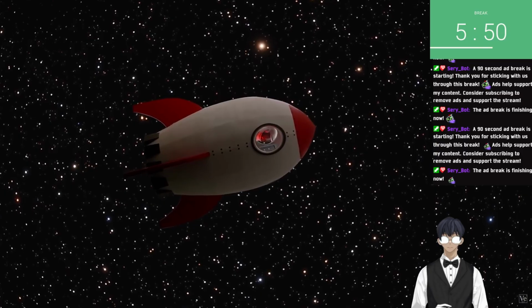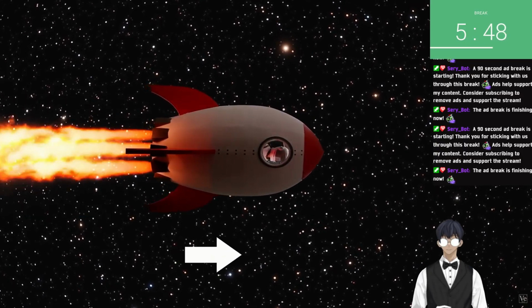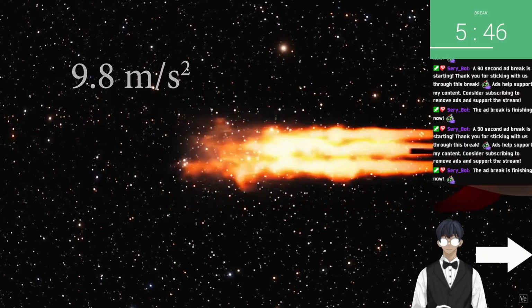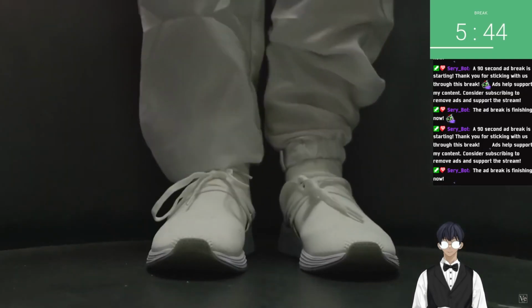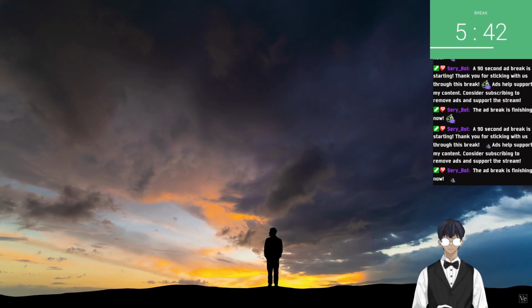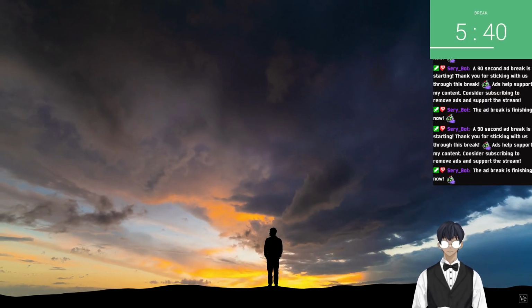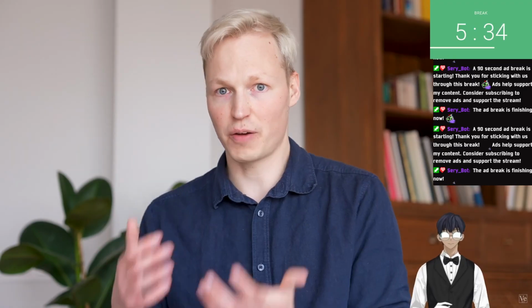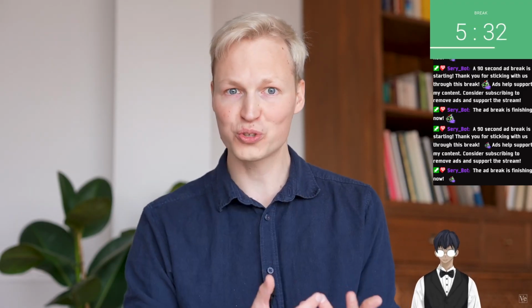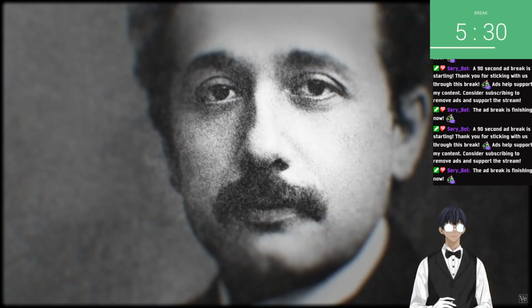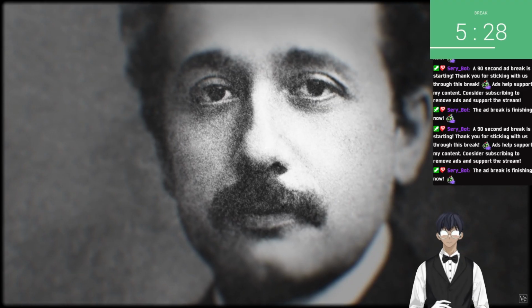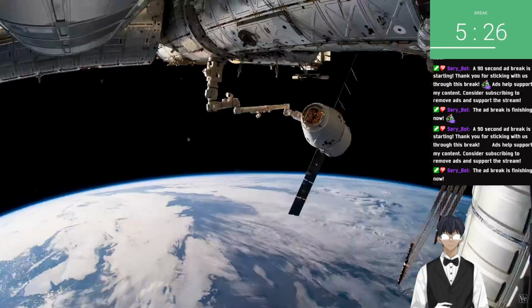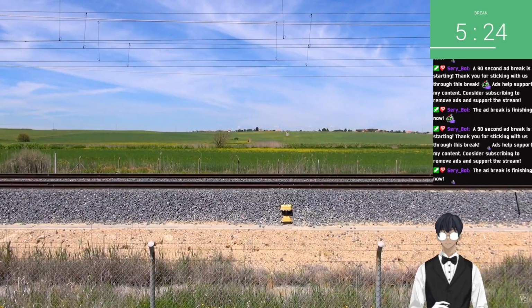If you were stuck in a rocket in outer space, accelerating at 9.8 meters per second squared, then it would be the exact same as if you were standing on the surface of Earth. And this was huge, because it meant that if Einstein could figure out how to understand accelerating frames, then he didn't just get a more general theory, he would also have a new theory of gravity. But to achieve this, Einstein needed to make sure the laws of gravity had the same form in every frame of reference.